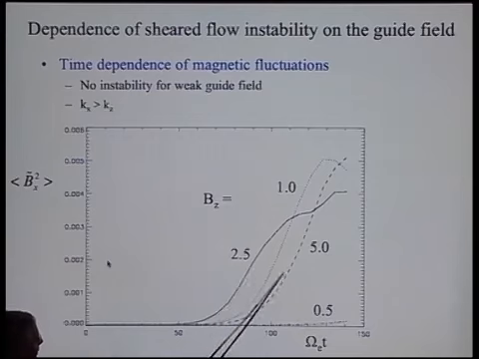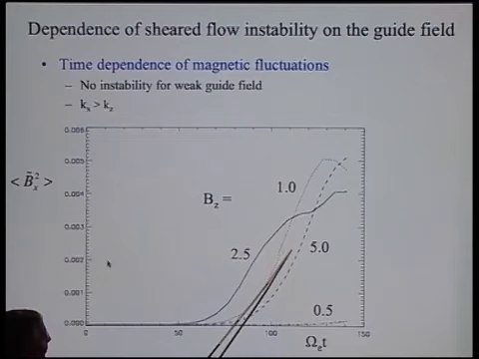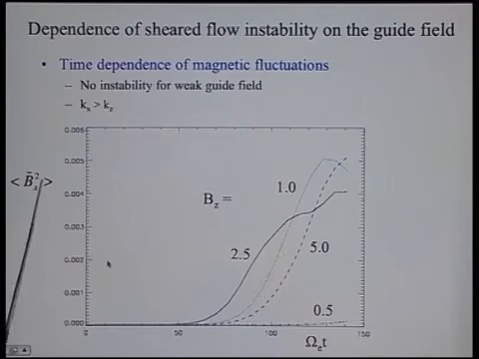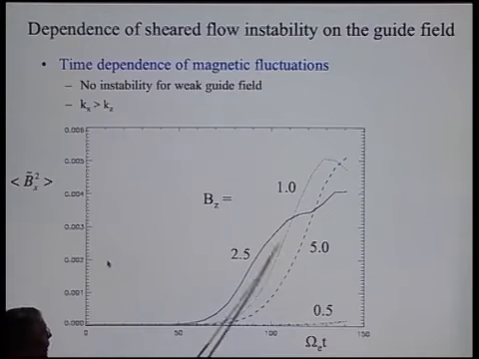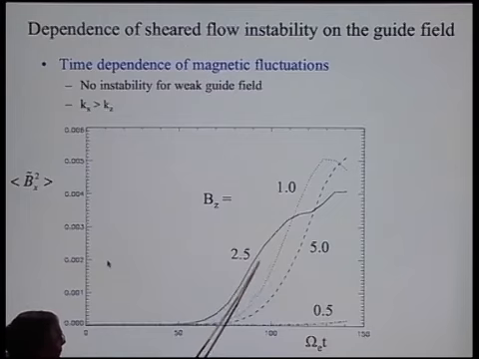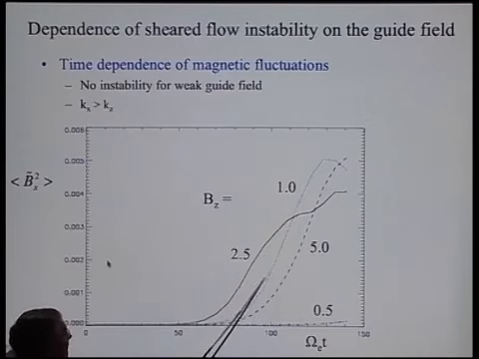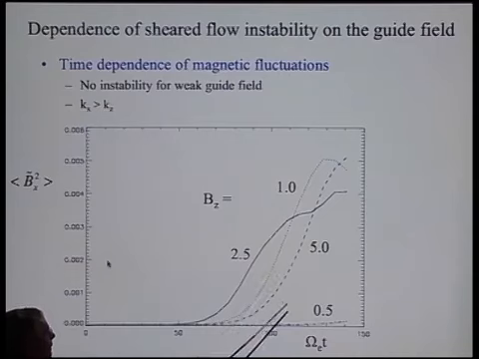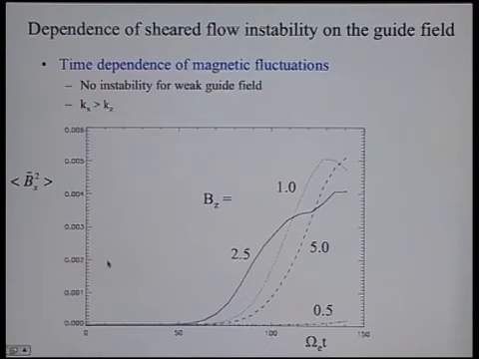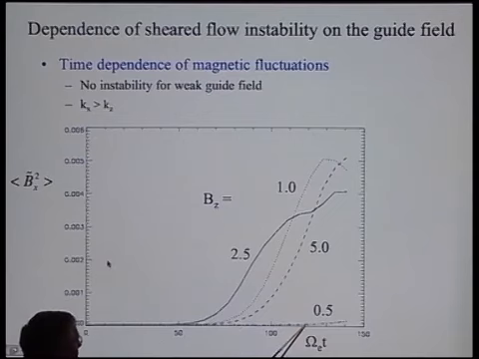Although, interestingly, once the thing starts to onset, it really doesn't look very different. Oh, by the way, this is Bx wiggle squared averaged over the entire box. And then 1.0, and that's arguably stronger. But 0.5, it goes away with a guide field too small. So this was a big surprise.